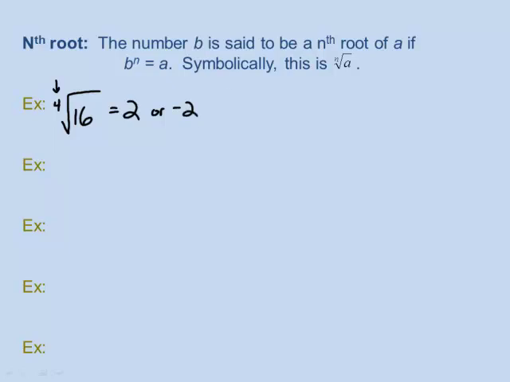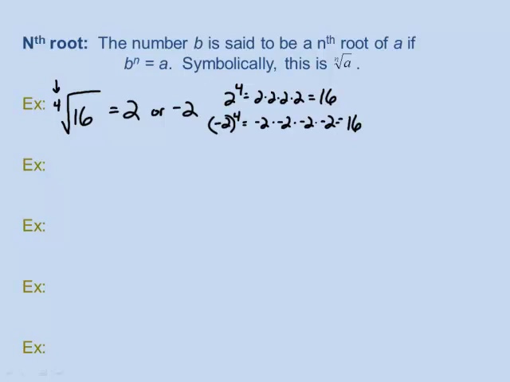Because, notice that 2 to the 4th is 2 times 2 times 2 times 2, which is positive 16. Or if you took -2 and raised it to the 4th power, that would be -2 times -2 times -2 times -2. An even number of negative signs still gives us a positive 16. And so in theory, either of those numbers would work, just like square root.